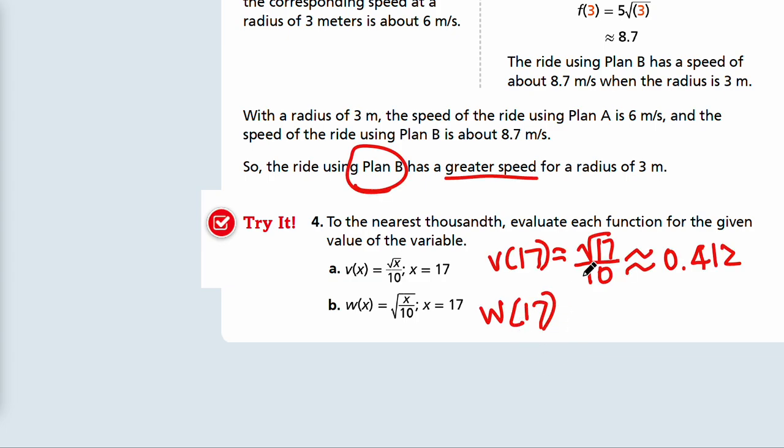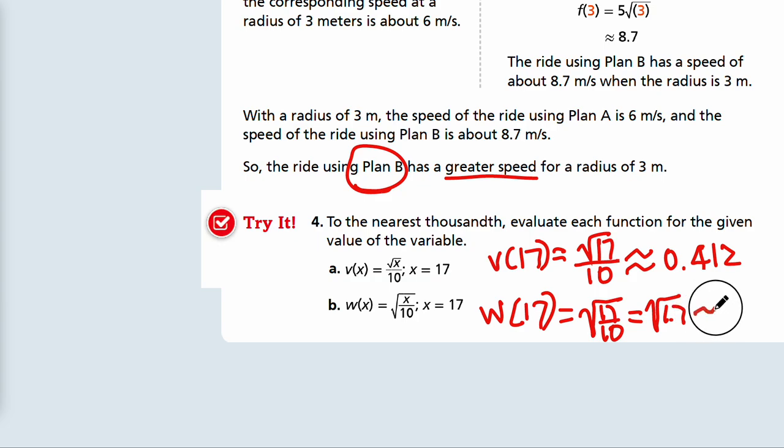W of 17 is equal to root of 17 over 10, but you have to divide 17 by 10 first, so that's going to be 1.7. So root 1.7, right? For v, you have to do the square root first and then divide it by 10. For w, you divide by 10 first and then do the square root.